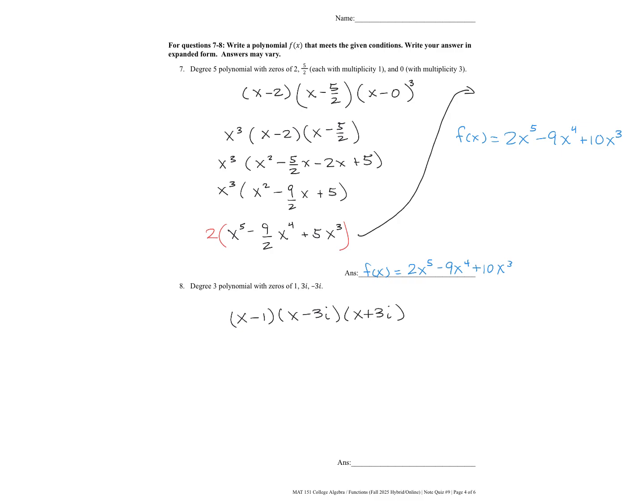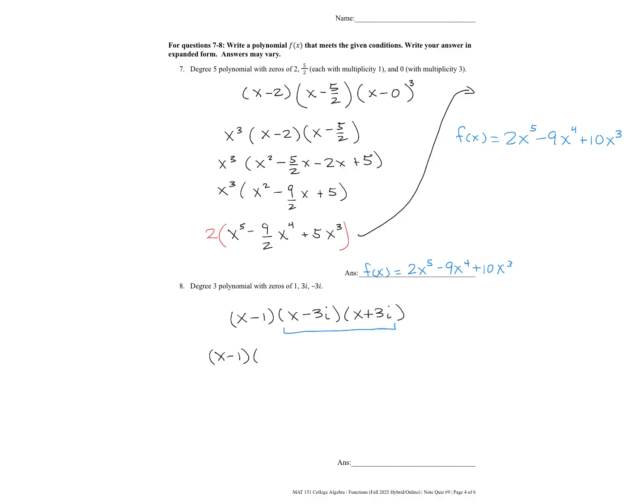And it's always better to multiply out the complex part first as conjugate pairs. So we're going to multiply this part first and then multiply that result by x minus 1. All right, so in multiplying that out, you still got the x minus 1 sitting in front.